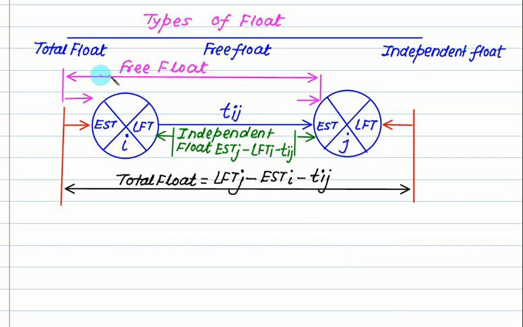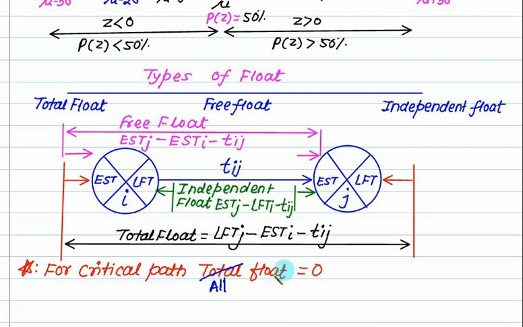So the free float is the difference between the earliest start time of activity j minus the earliest start time of activity i minus the duration Tij. Outer is total, inner is independent, in between is free float. On the critical path, all float is equal to 0.